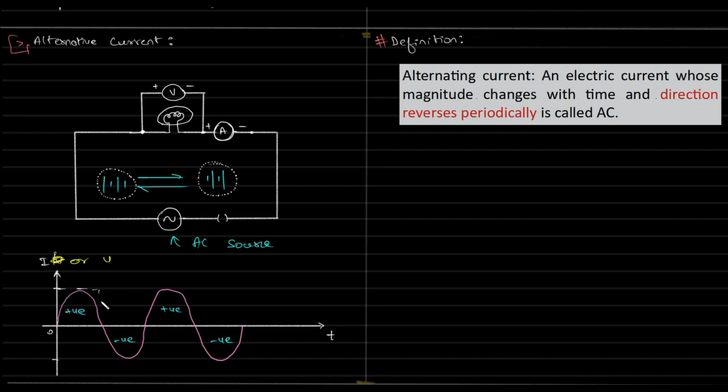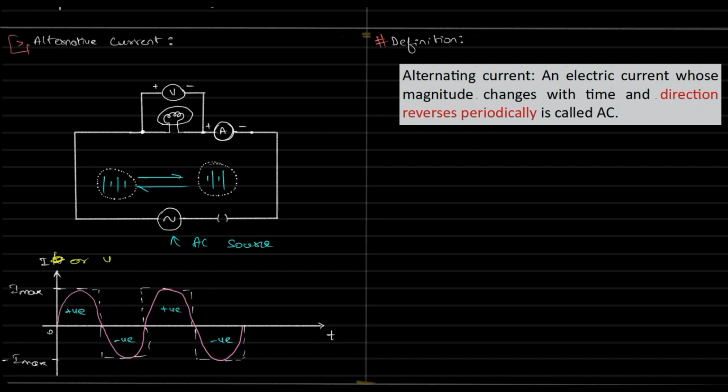To be honest, it will end up looking like a square-shaped structure, not this sine wave. Anyway, let us not go into that. The point is, it will be switching between two extreme values. This is the maximum, and this is the maximum at the other extreme.